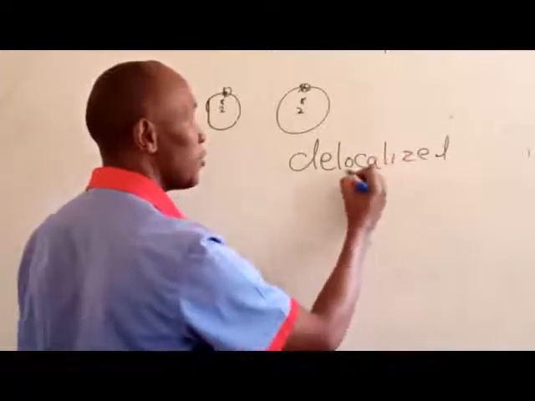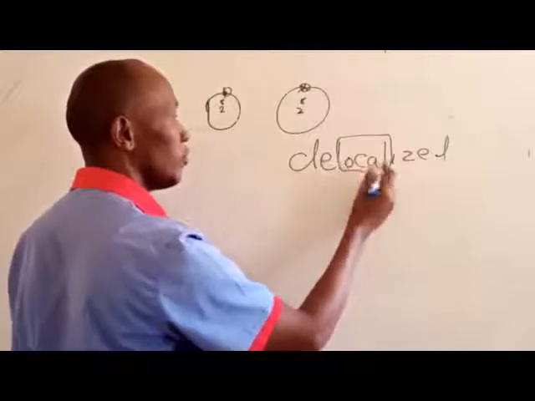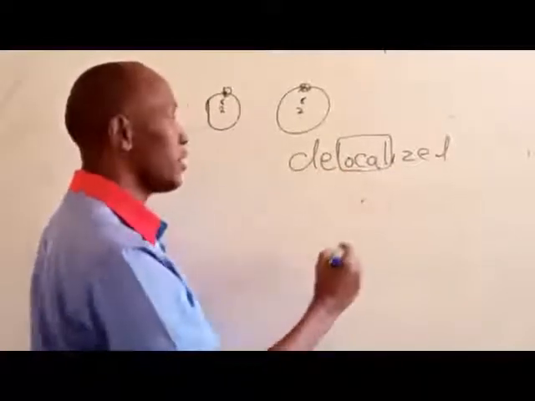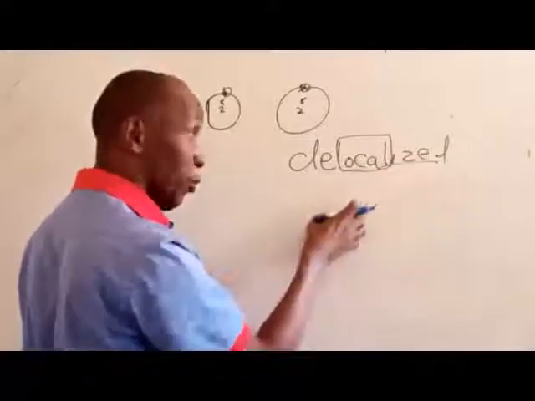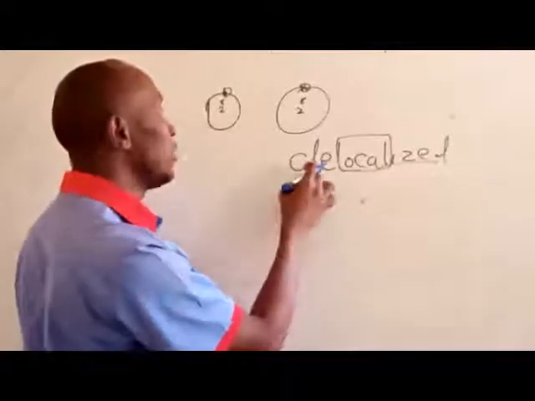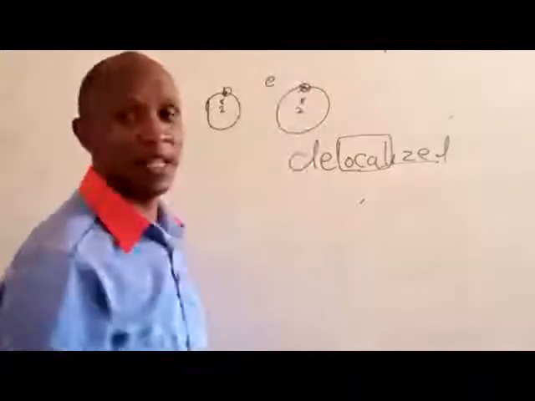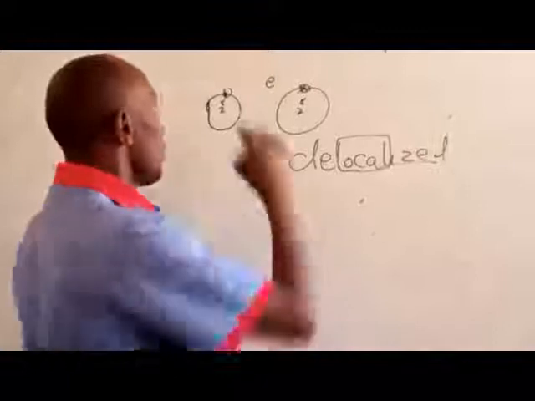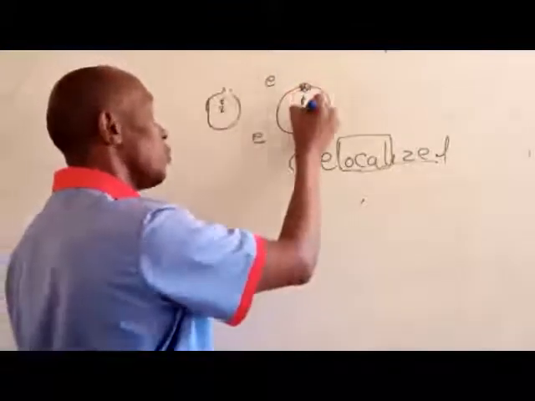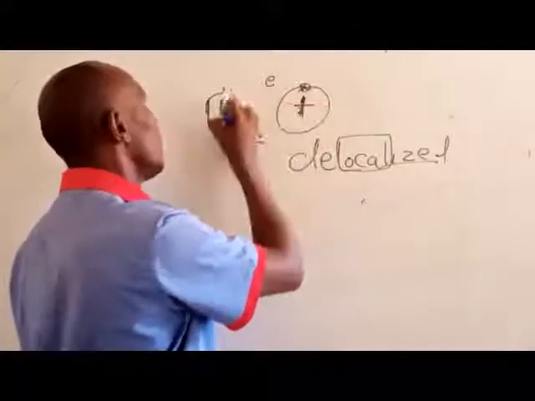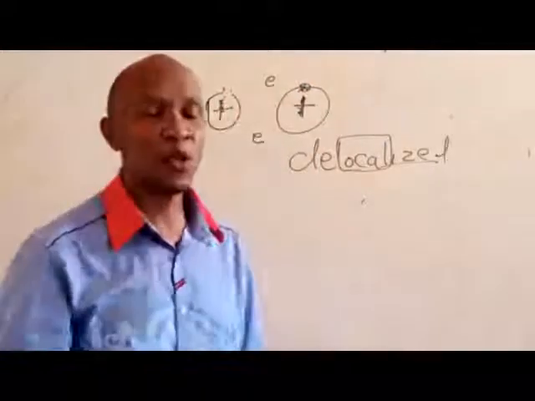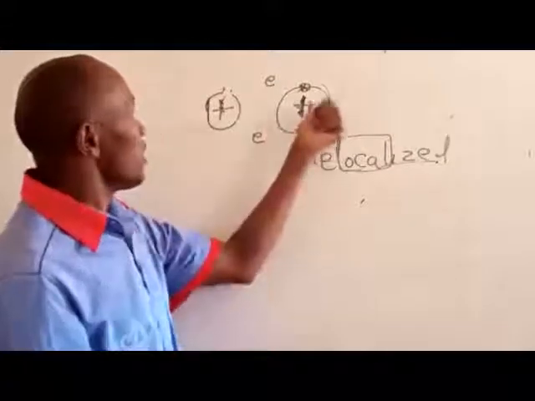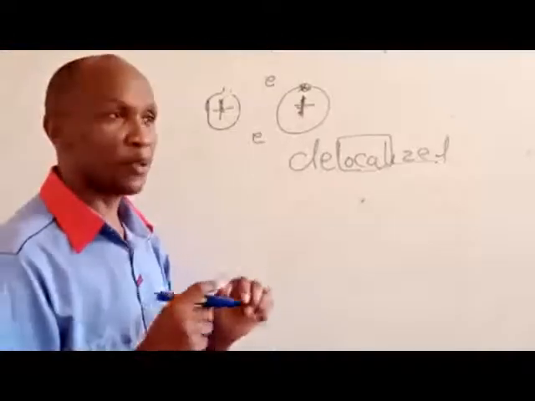From the word local, belonging to just that locality, localized, pulled strongly towards one, delocalized. So this electron goes somewhere there, this one goes somewhere there. We have a resultant positively charged species there, because it has lost an electron.